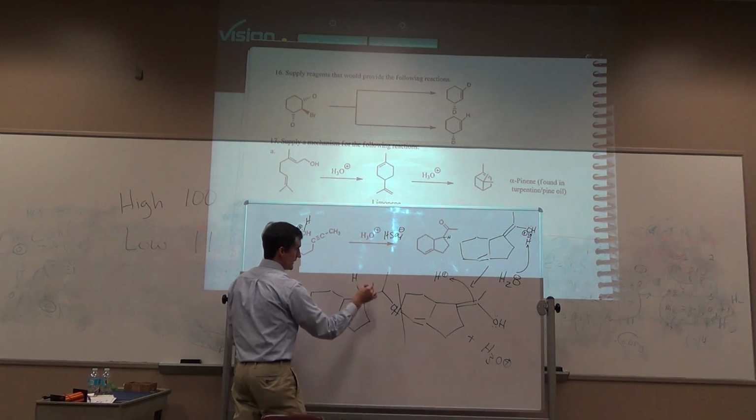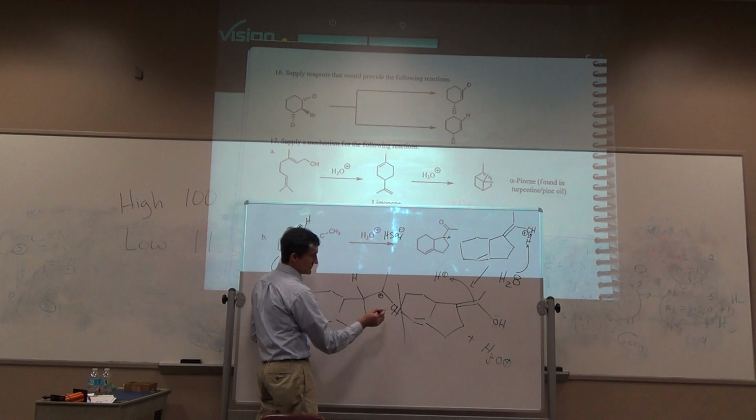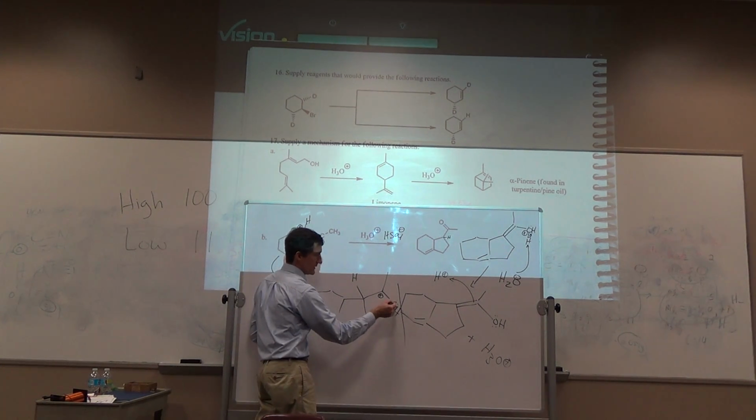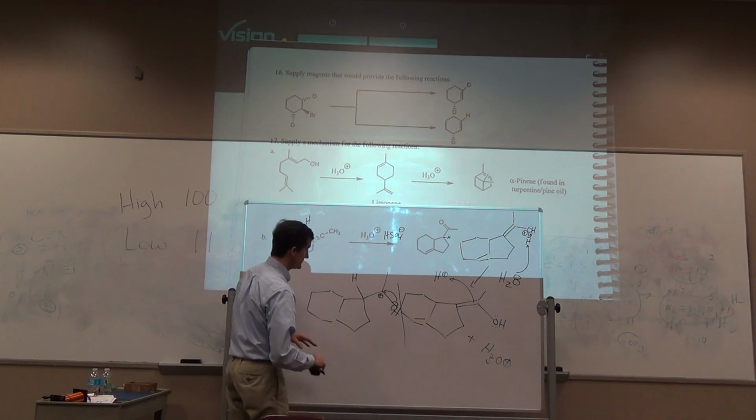So a new H is there. What's here? Cation. What does that allow us to do? What's after O in Oreo? Resonance. Now we can move in the pi electrons, make the double bond, which we need to do.